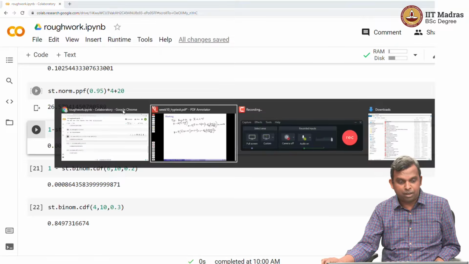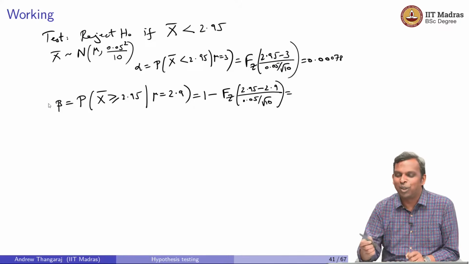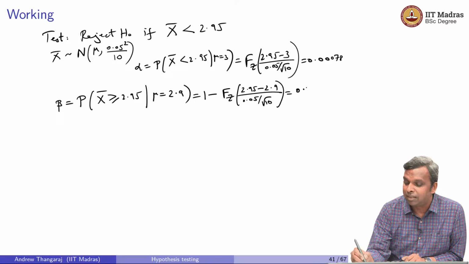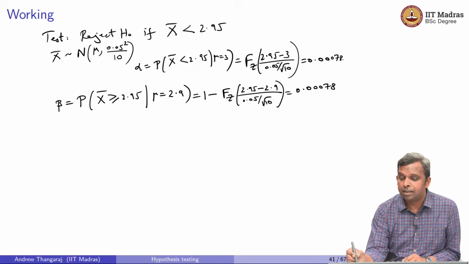You'll get the same thing. I could have predicted that before, right? You get 0.00078.